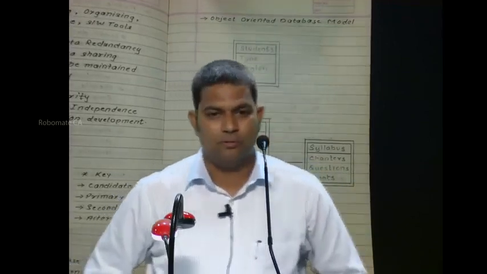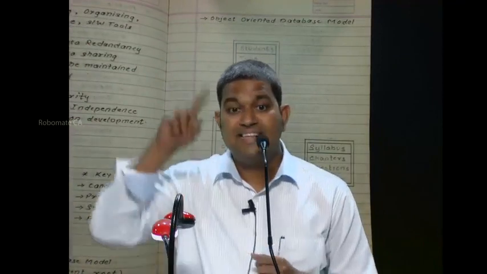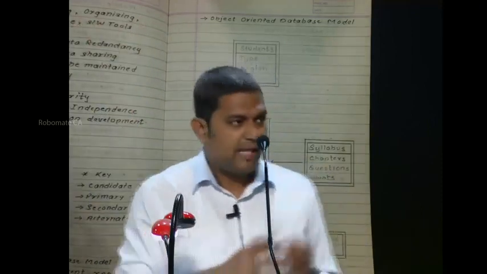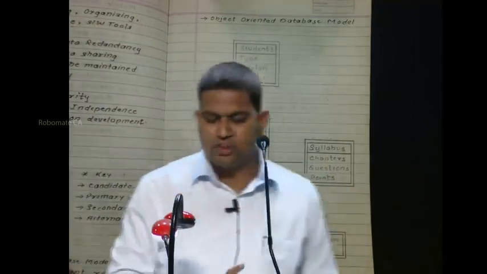Now we have a new type of database model, and that is called the object-oriented database model. Can you see the outer box? That is a class. Okay, a class of student. That means all the features of the student will be in that class.